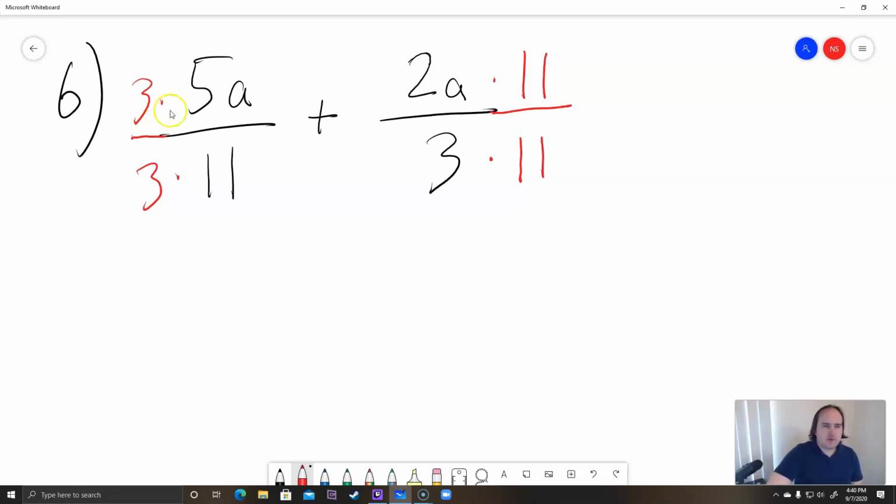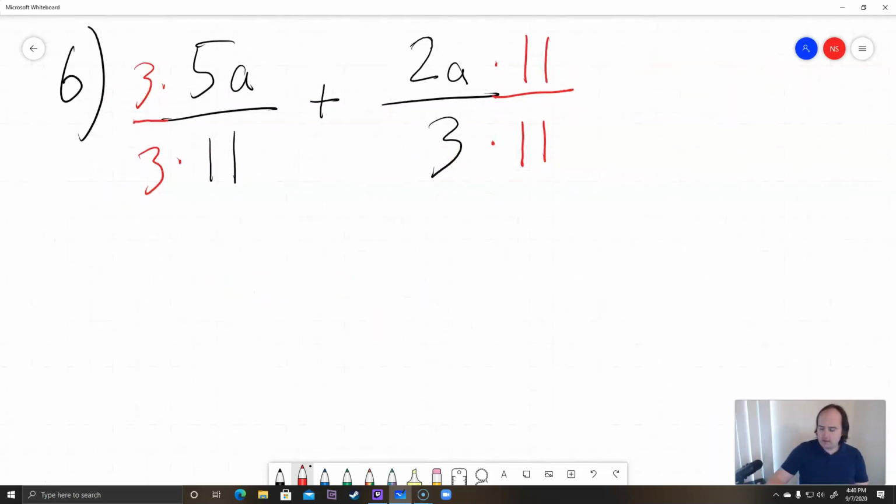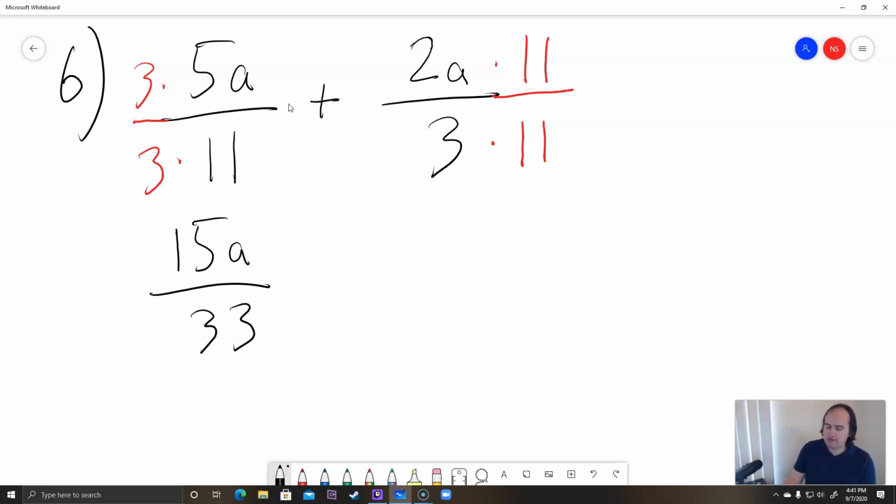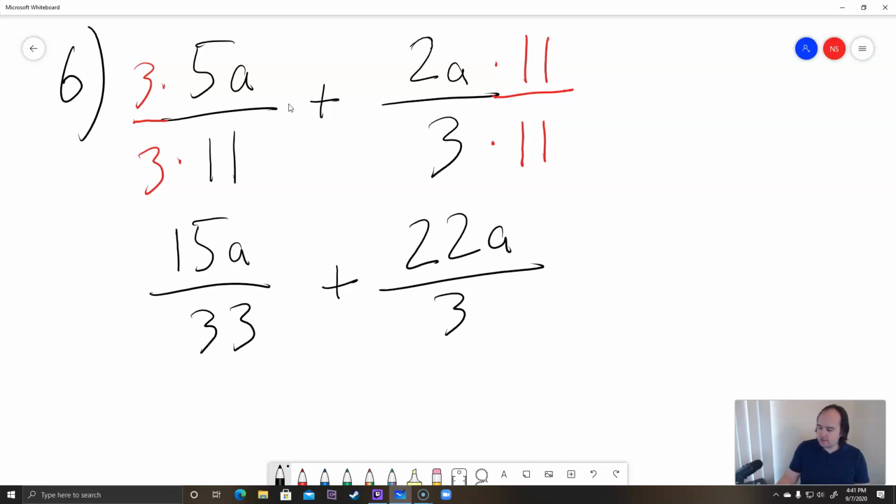All right, so we're multiplying by what we're missing in each denominator. Okay, and then for our first fraction, multiplying straight across, we have 3 times 5 is 15a over 33. And for the second fraction, 2a times 11 is 22a over 33.